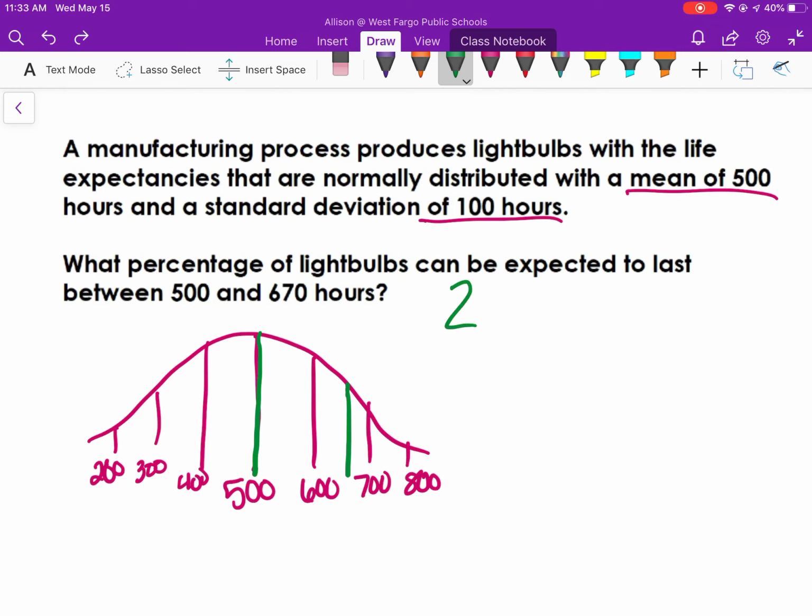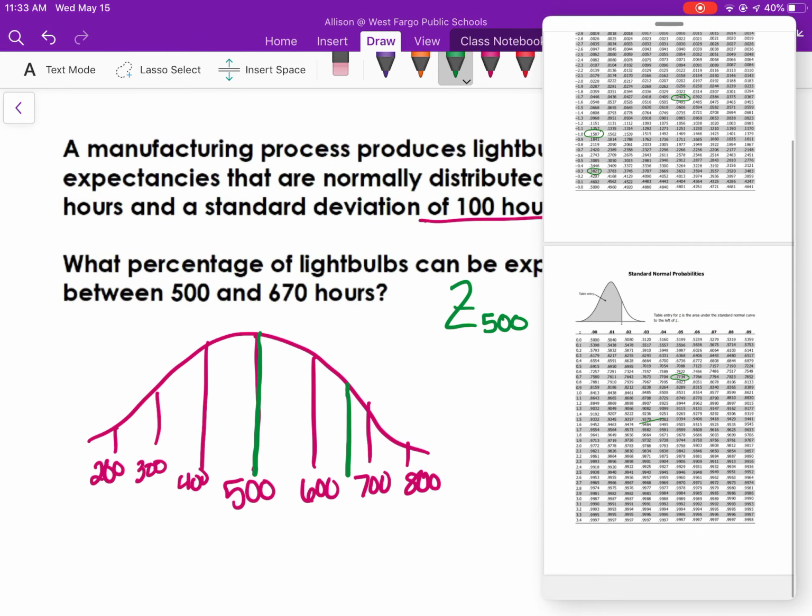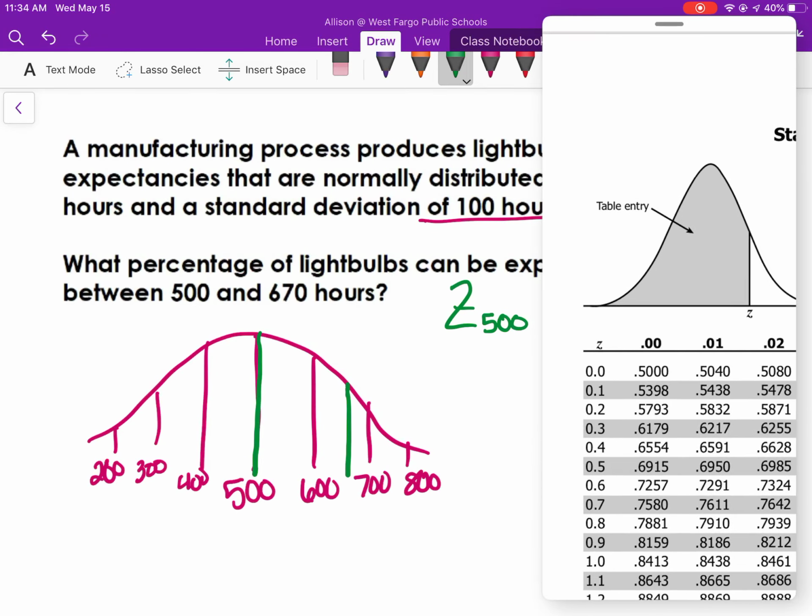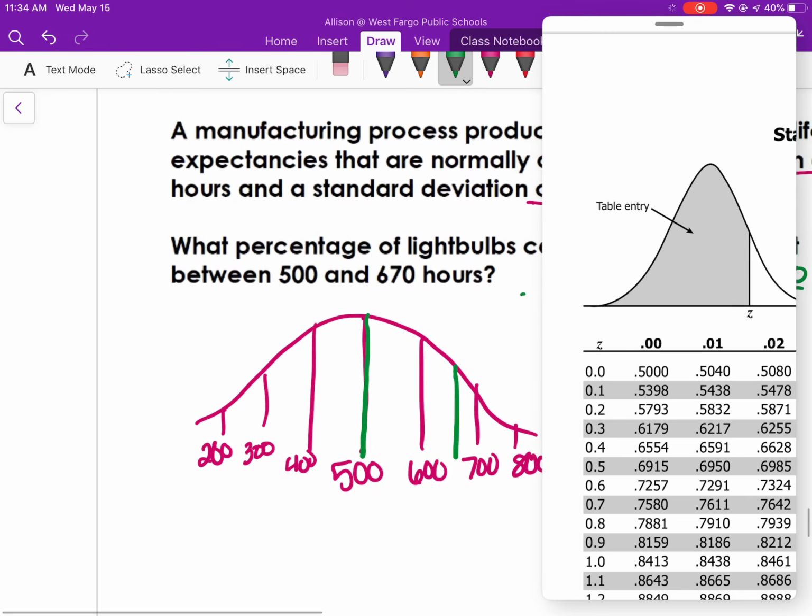So first, since the 500 is the average, the z-score for 500 ends up being 0. And then the area to the left of 500, the z-score that corresponds to 0 is 0.5 because it's 50% to the left of the average.